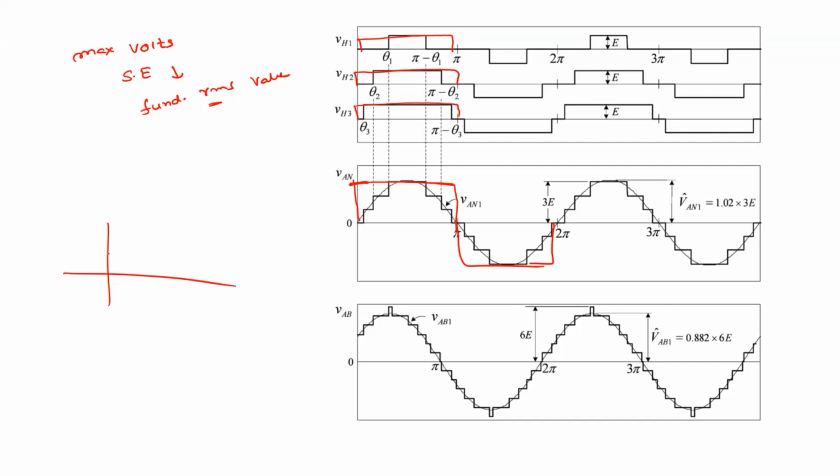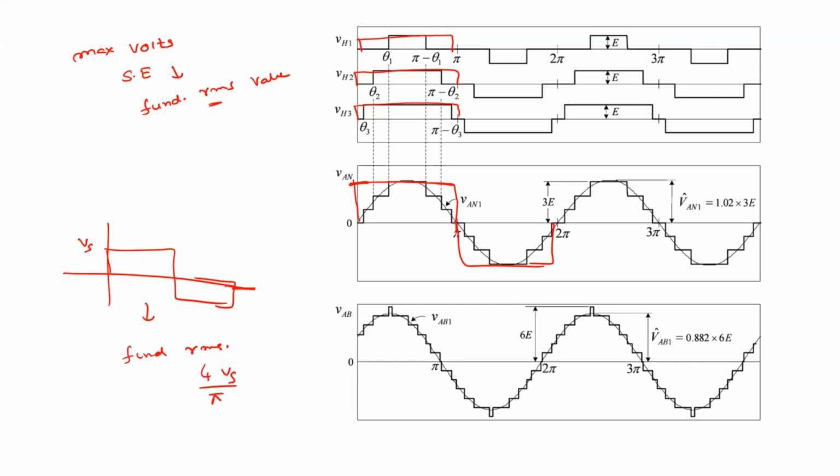See, if you have a square wave, something like this, for example with value E, what is the maximum fundamental value of this waveform? It is 4E by pi, right?